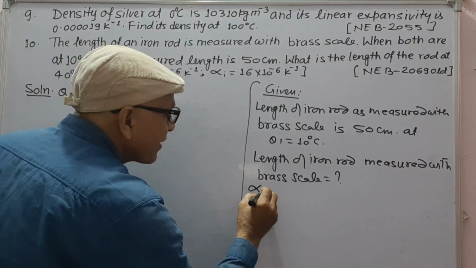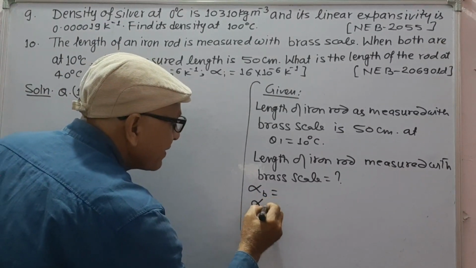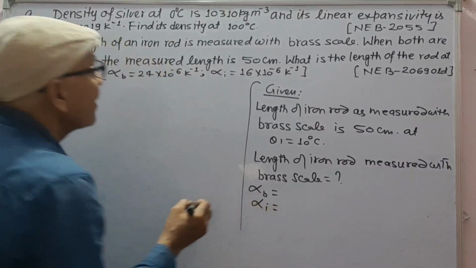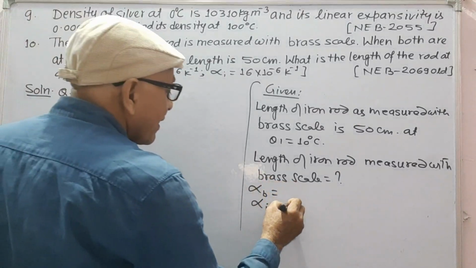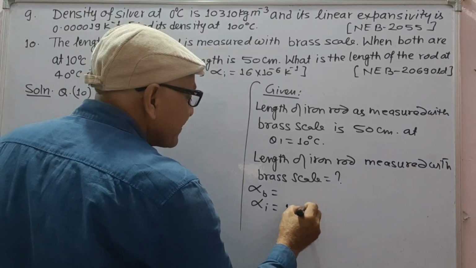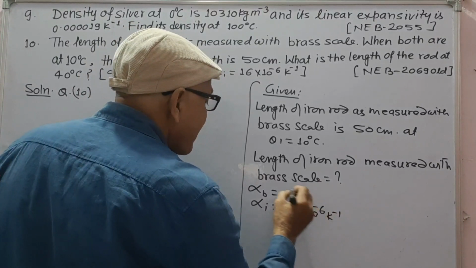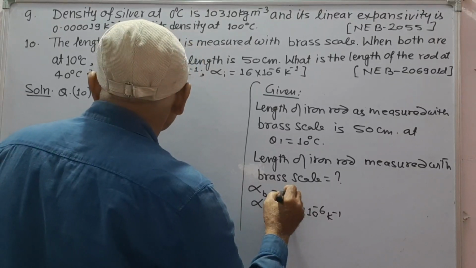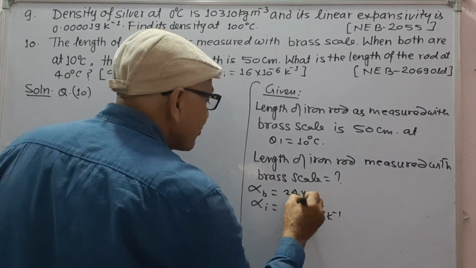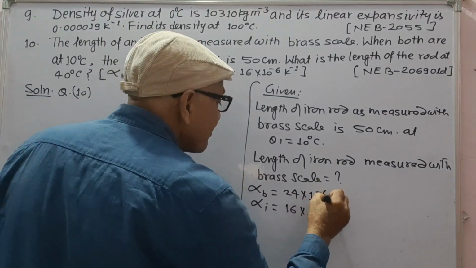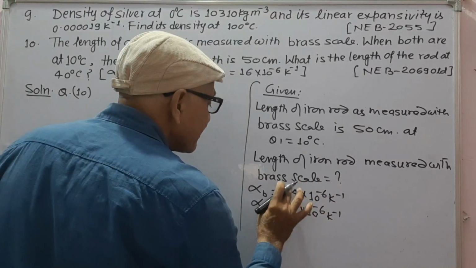Alpha of brass and alpha of iron are given as: alpha of iron is 16 into 10 to minus 6 per Kelvin and alpha of brass is 24 into 10 to minus 6 per Kelvin.